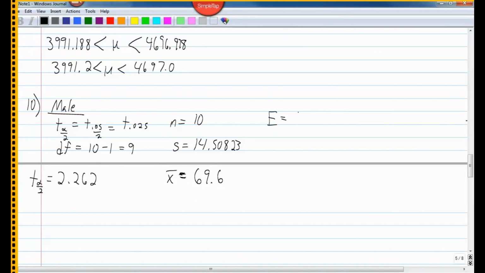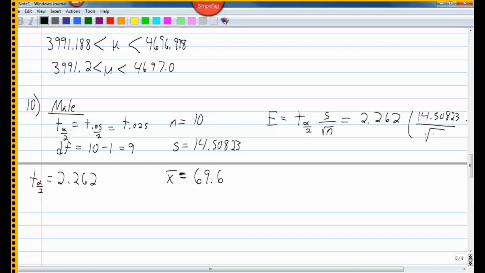This is for a mean, population standard deviation unknown. You say critical t-score times s over the square root of n. So my critical t was 2.262, times my standard deviation, divided by the square root of n, and n was 10.